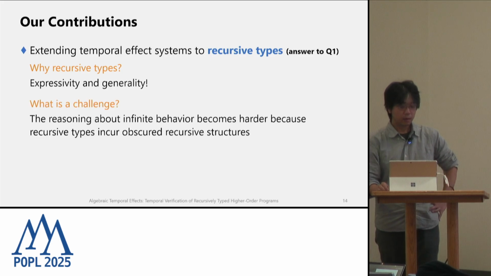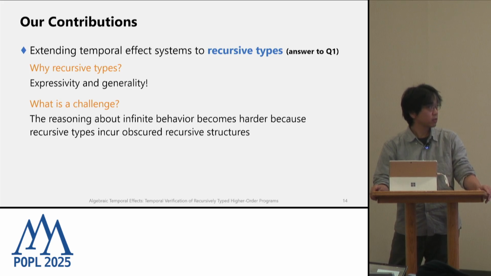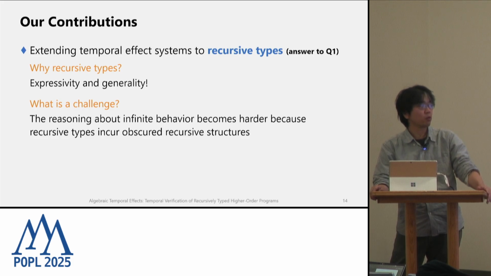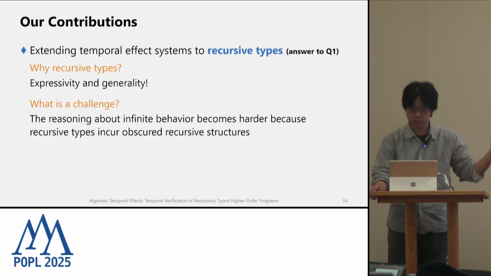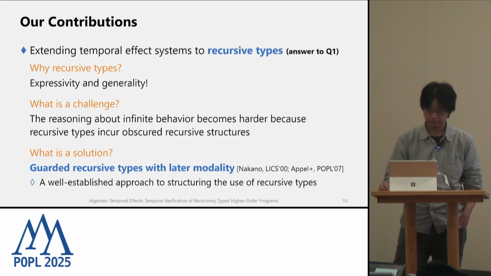But the challenge in this extension is that reasoning about infinite behavior becomes much harder, like infinite liveness properties, because the use of recursive types includes more complex recursive structure. We solved this challenge by using guarded recursive types with a later modality.